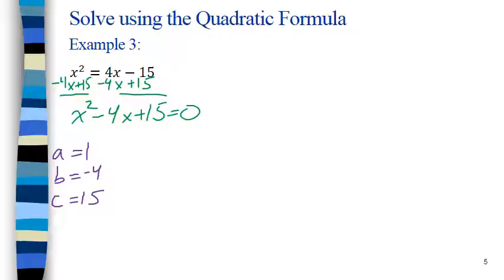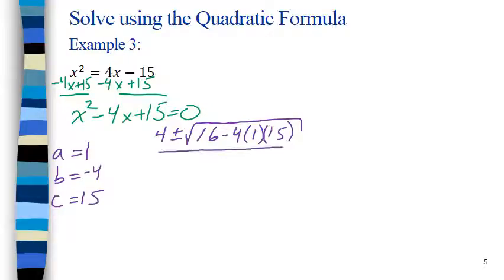So negative of negative 4 is 4 plus or minus the square root of b squared. So I'm just going to go straight to 16 if that's all right with everybody. Minus 4 times a times c, all over 2a. So now I have 4 plus or minus the square root of 16 minus 4 times 15, which is 60.